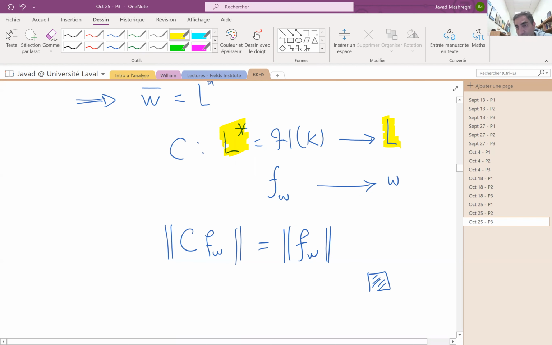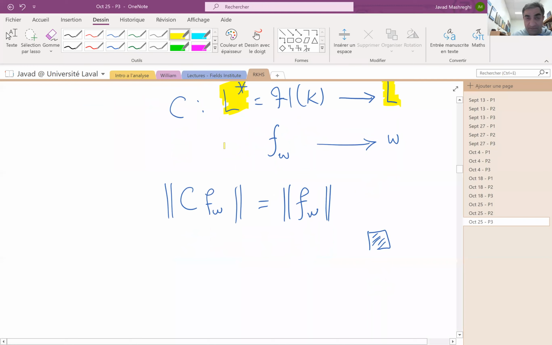So in other words, L star is almost a copy of L with a better property, that it's an RKHS. Why do I say almost? Because it's not linear, it's conjugate linear. But still, it's a good way to do it.